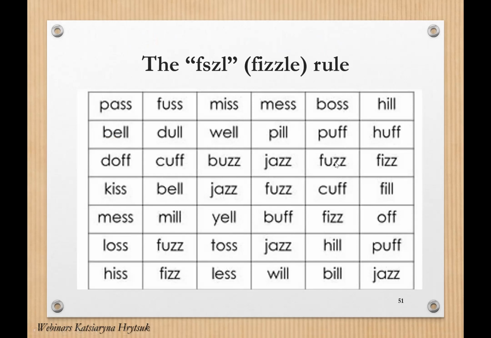Boss, puff, fuzz, cuff, fizz, hill, bill. Hill, huff, fizz, fill, off, puff, jazz. Now, Vera, the first two. Zhenya, number 3. Sophia, number 3 and 4. Sophia, this column. Vika, the last one. Let's go. Lera, the first two.